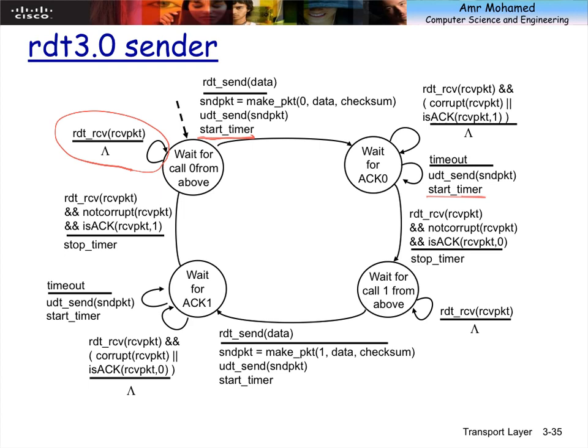When does this happen? When the acknowledgement is delayed. Bravo, Ali. We are now trying to send a packet, but we receive a delayed acknowledgement. We will discard it and not do anything, because currently I'm waiting for a packet to be sent.